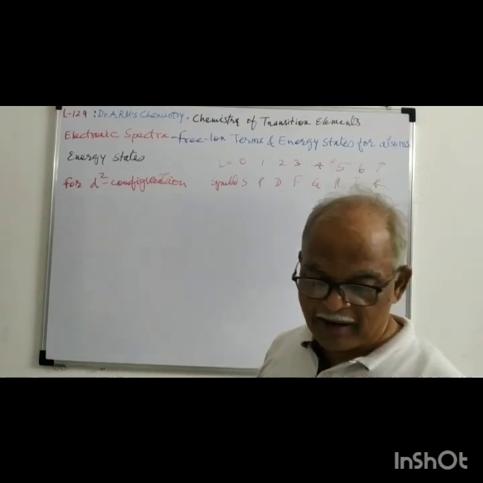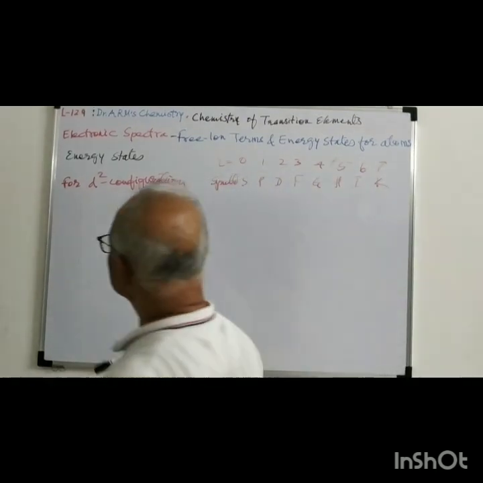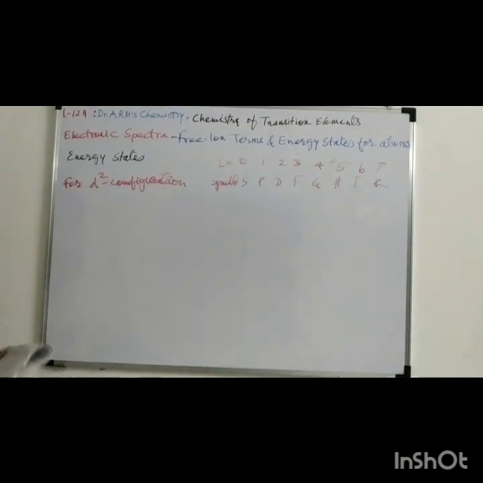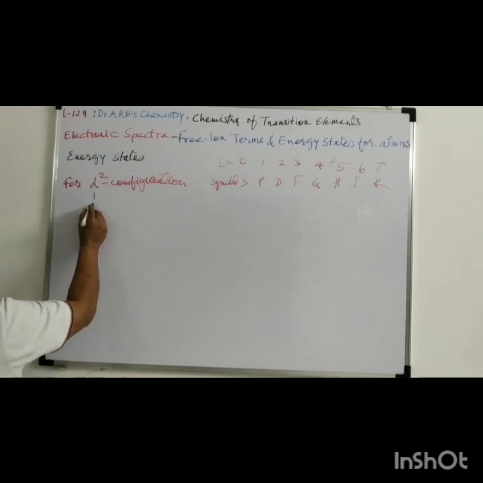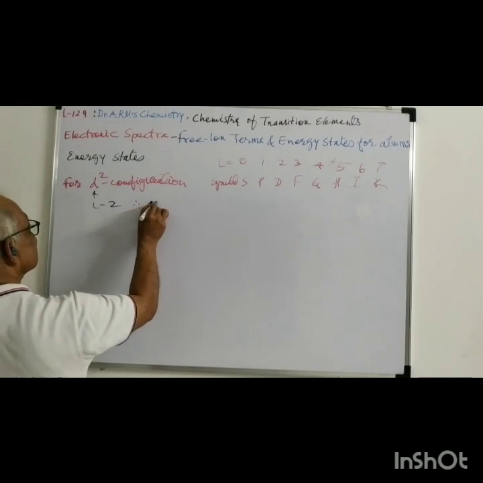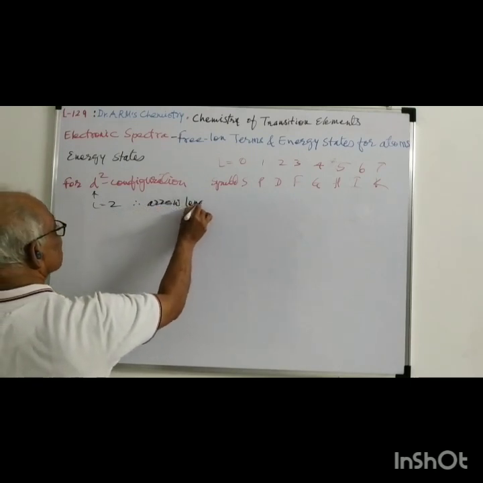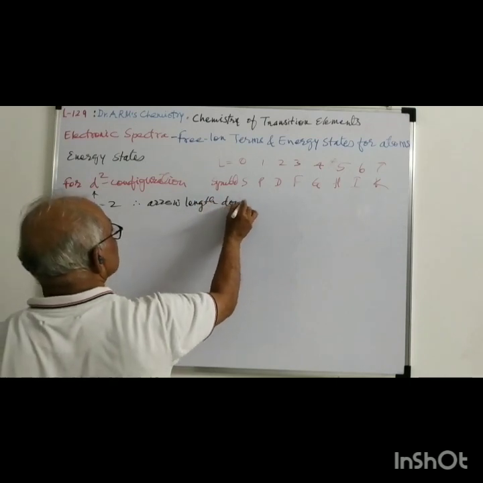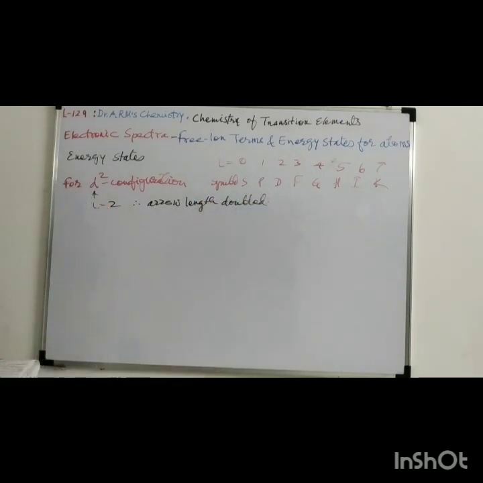L value for these d electrons is 2, so the length of the arrows is doubled. Arrow length doubled.